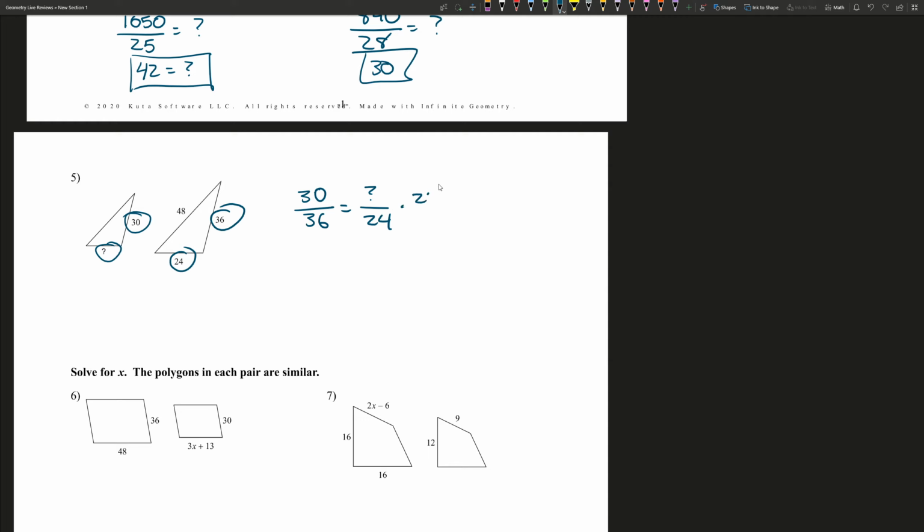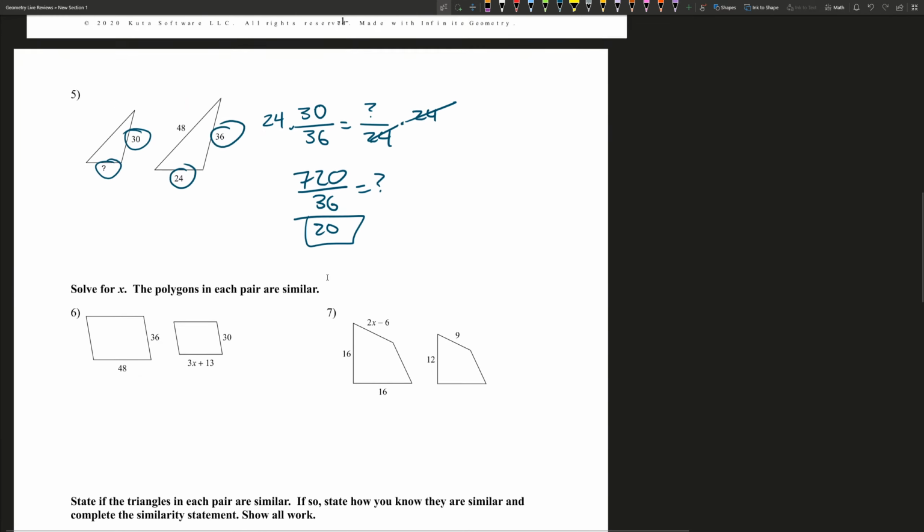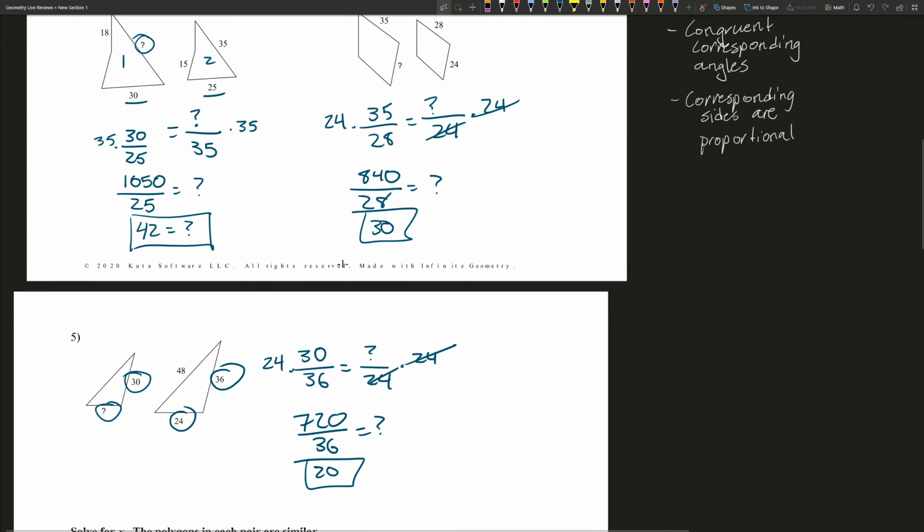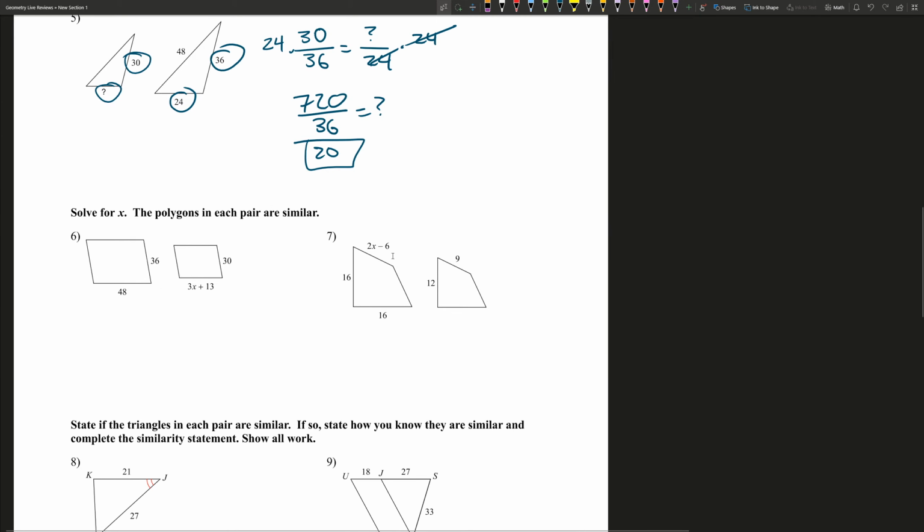So if we multiply by 24 on both sides, we get 720 over 36, which is equal to 20. So 3, 4, 5, that's generally what we're doing. Number 6 and 7 is just throwing x's in there.